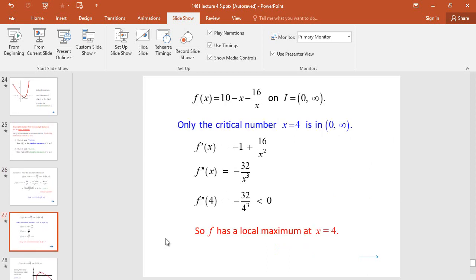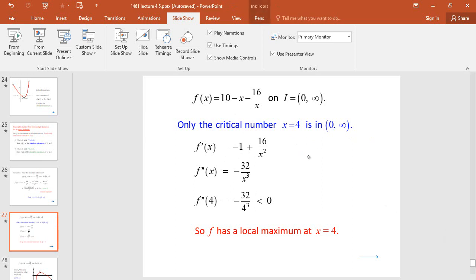And therefore, let's look at the second derivative. The first derivative is negative 1 plus 16 over x squared. If we take the derivative again, we will end up with negative 32 over x cubed. Again, you can apply the power rule, or you can apply the quotient rule.